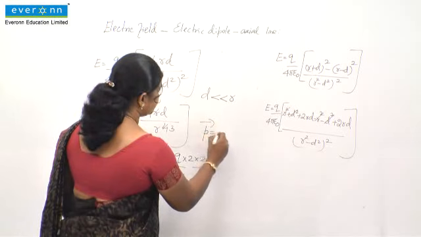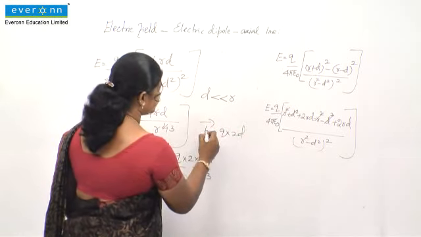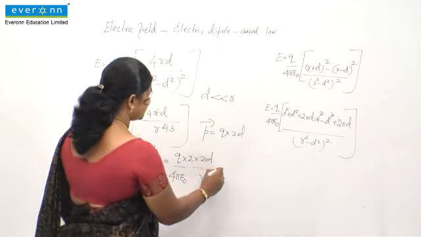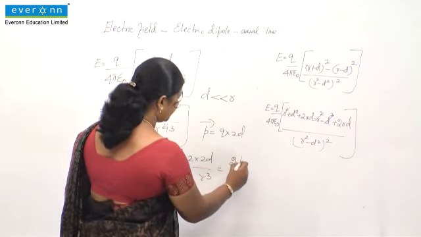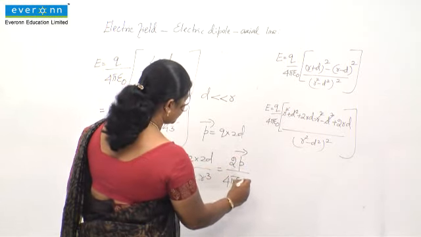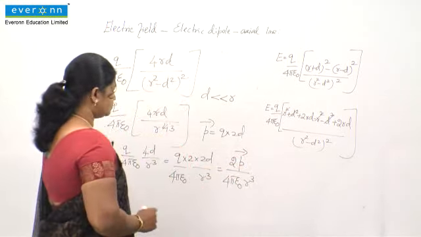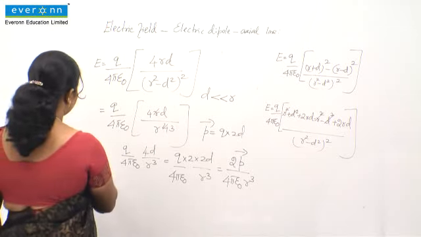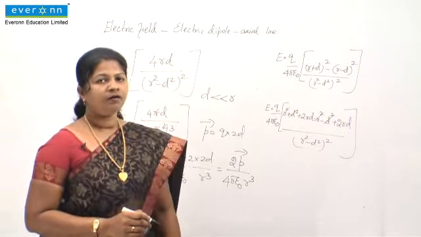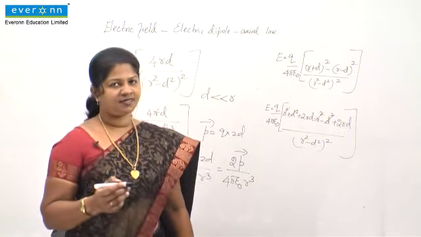P is equal to Q into 2D. So I can substitute P in the place of Q into 2D. So the equation will change as 2P by 4 pi epsilon naught R cube. So this is the electric field due to an electric dipole along the axial line.